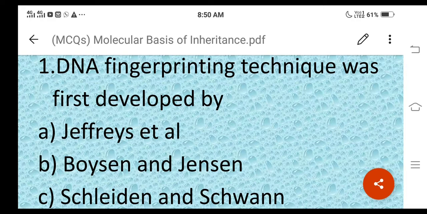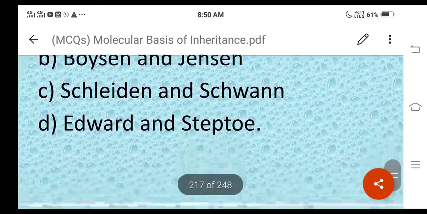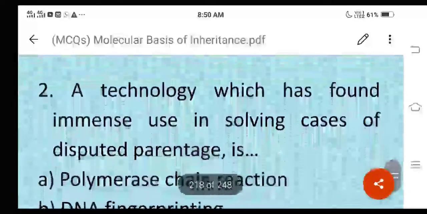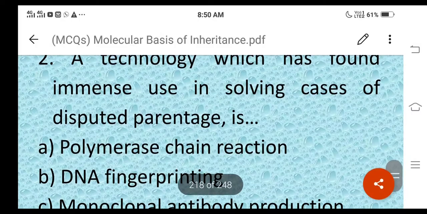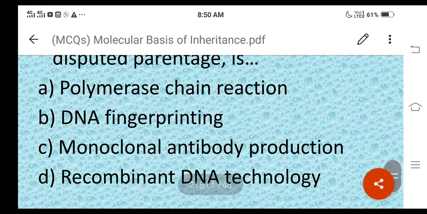Then next question, question number 2. A technology which has found immense use in solving cases of disputed parentage is, and the options are polymerase chain reaction, or PCR, then DNA fingerprinting, then monoclonal antibody production, then recombinant DNA technology.